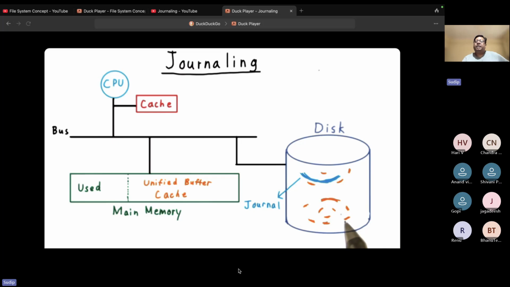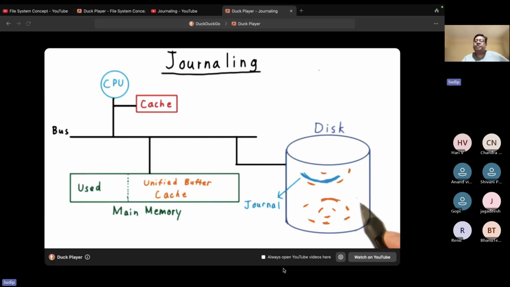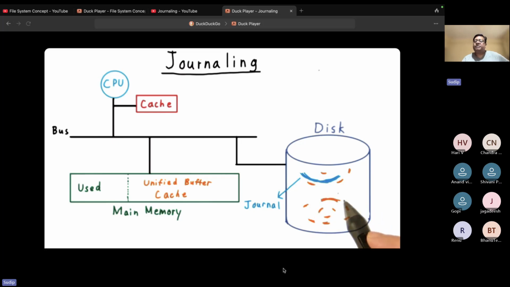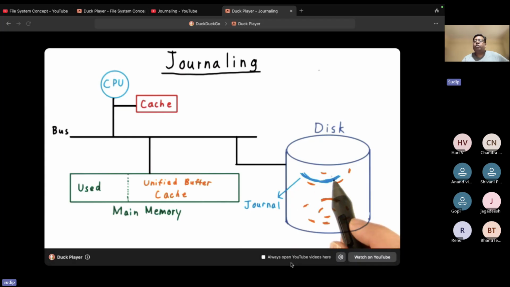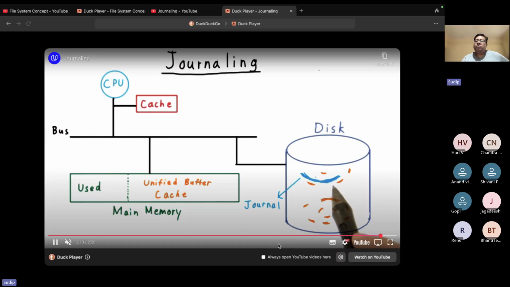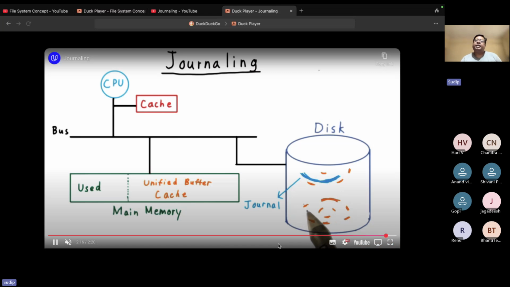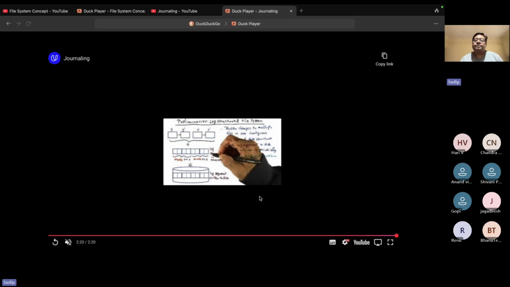And the journal has all the information as to which track, which sector that file, or that portion of the file, is being written on, and where to go next. And you can also call it like an index. So this is what is happening internally, right?